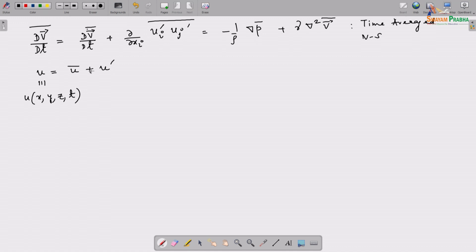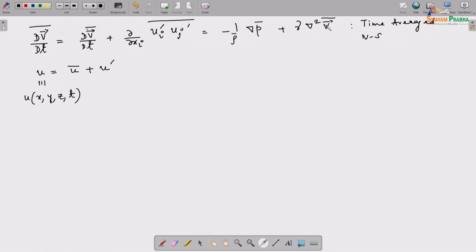So this is the time averaged Navier-Stokes equation. This bar represents a time average. So we have the gradient of a time averaged pressure, and this is del square of the time averaged velocity.